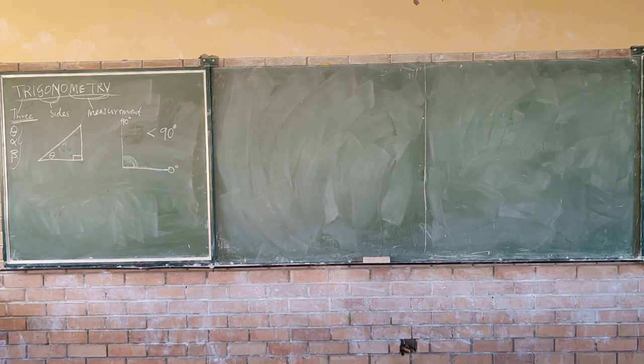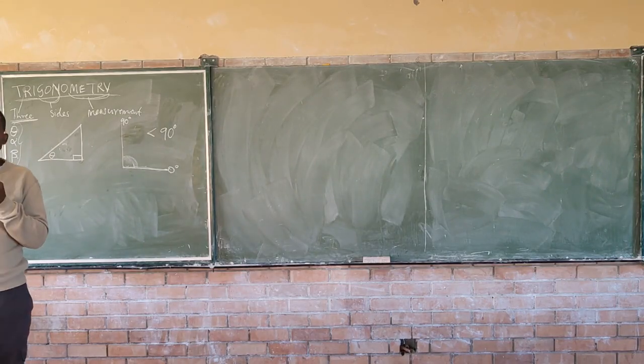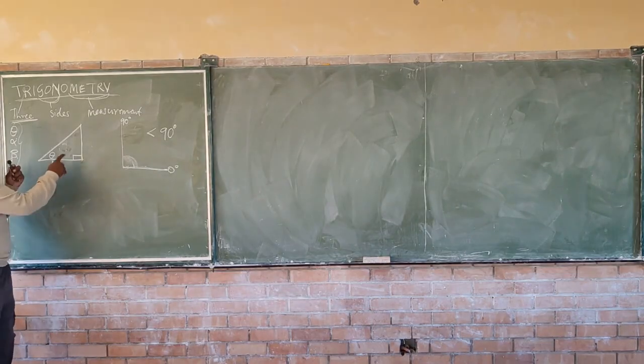Very good. They are the angles of a triangle. They are supplementary. So be alert of the word supplementary. Adding to 180 degrees is equivalent to supplementary. When you say the angles of a triangle are supplementary, yes.